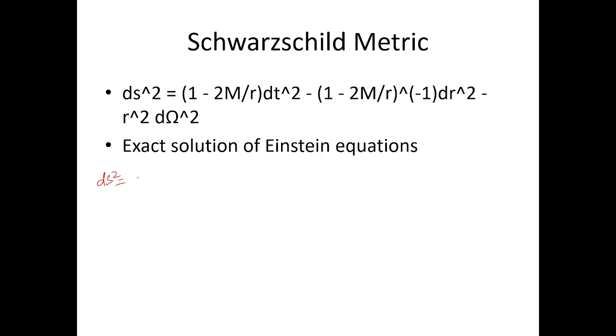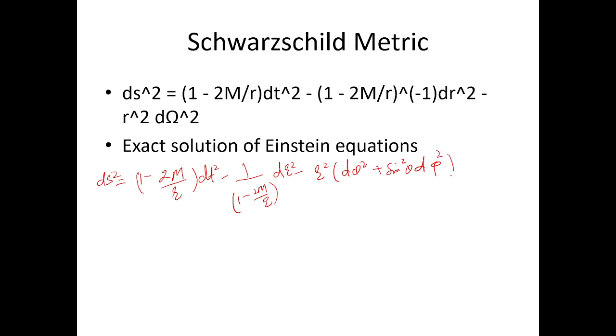ds squared is equal to (1 minus 2m over r) dt squared minus 1 over (1 minus 2m over r) dr squared minus r squared d theta squared plus sine squared theta d phi squared.